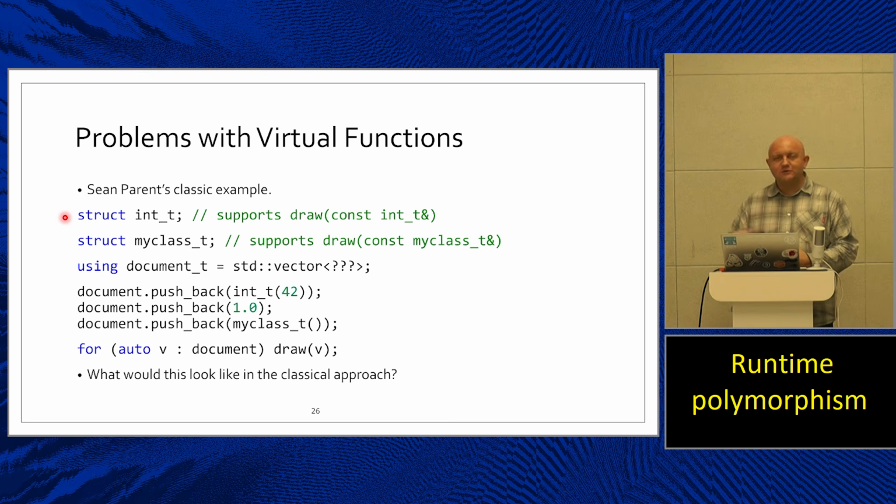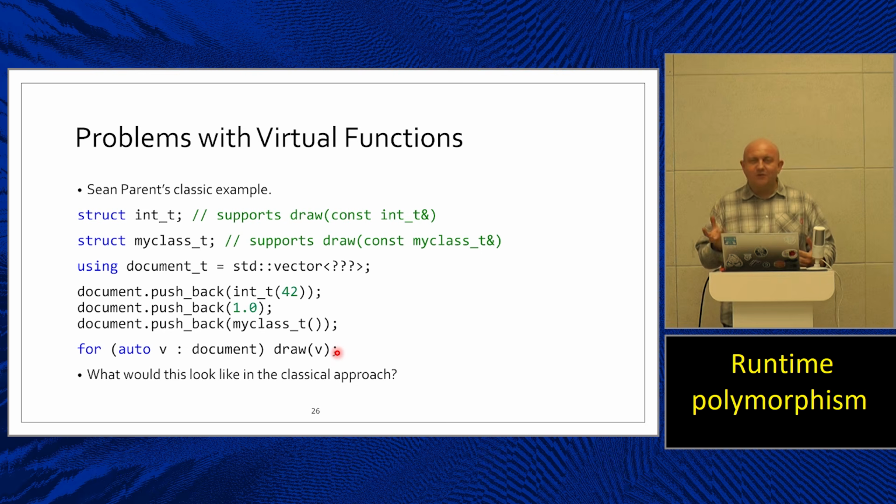And let's recall Sean Parent's famous example. We want a std vector that stores different types by value. We want to push this and that, and then we want to iterate and call draw for everyone. In the classical approach, we introduce a base class with virtual functions, but immediately we lose value semantics.